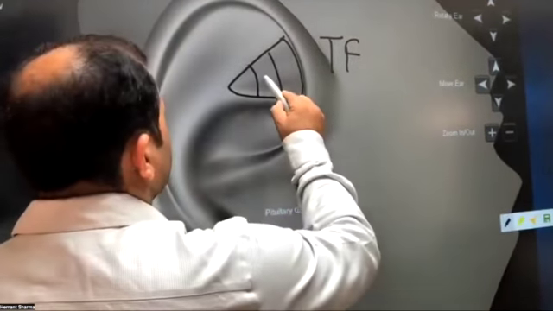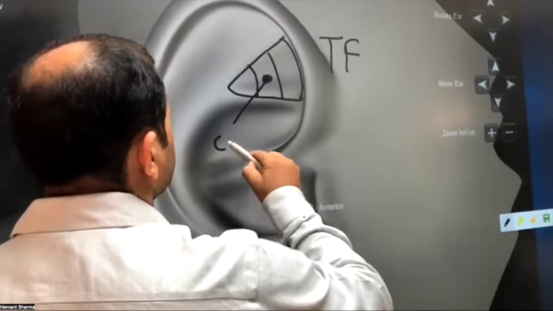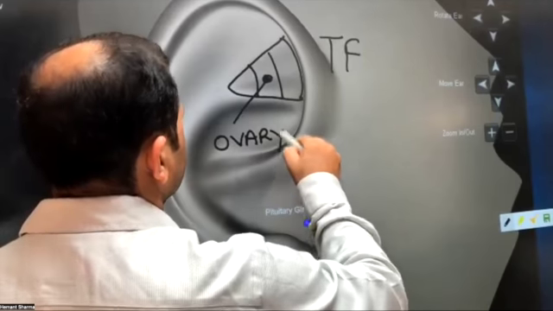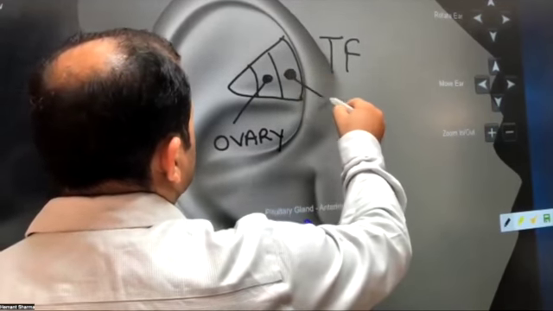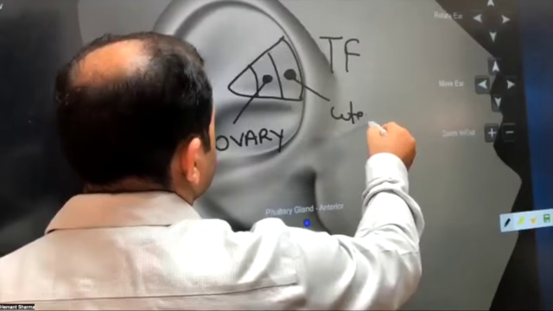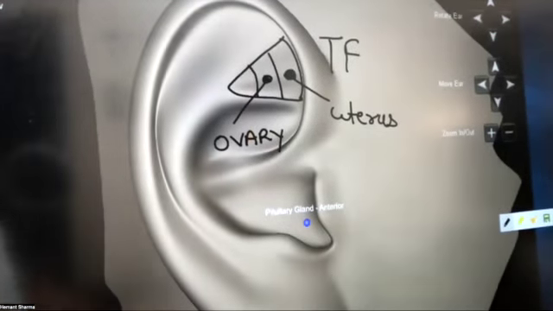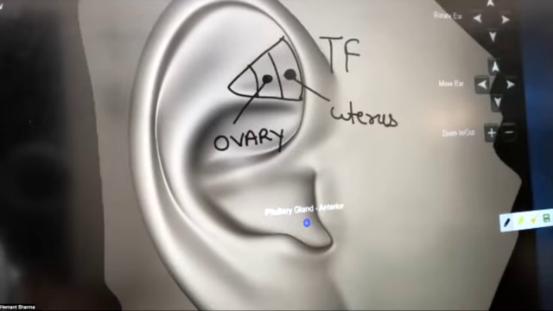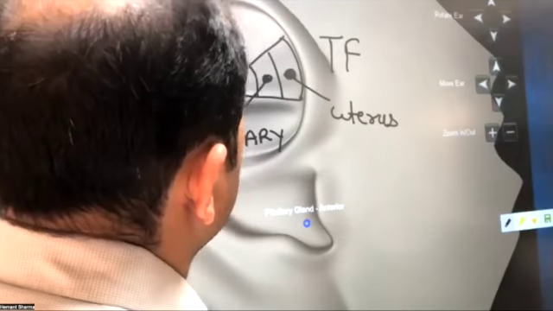The center part is ovary. And the last part, this is uterus. तो ट्रायंगुलर फोसा में हमारा सेंटर पार्ट इसे हम ओवरी कहेंगे, और जो आखिरी पार्ट है उसे हम यूटरस कहते हैं, that is called uterus.